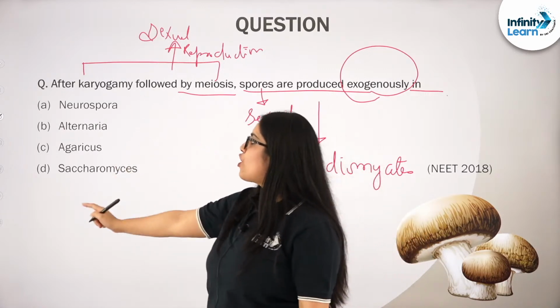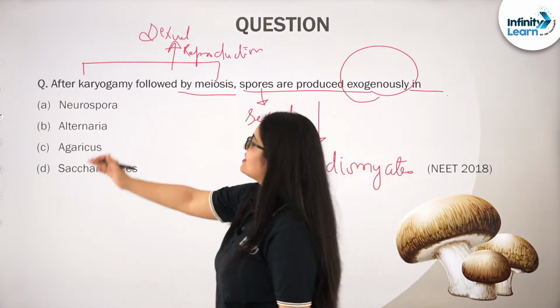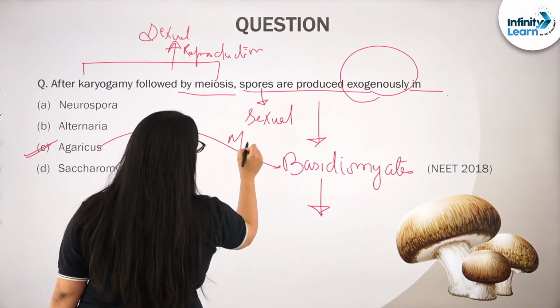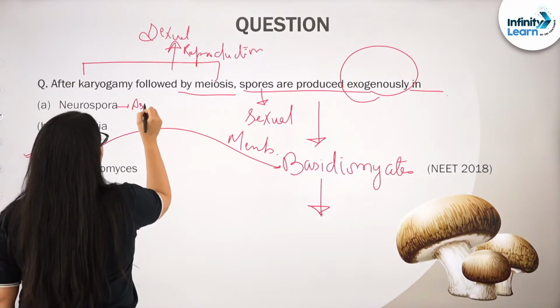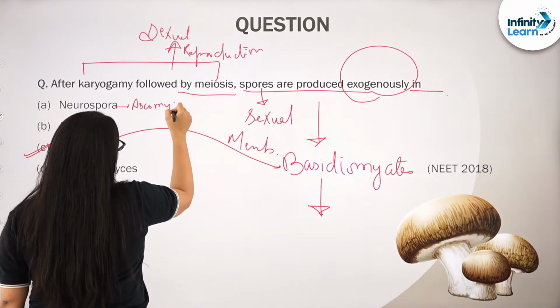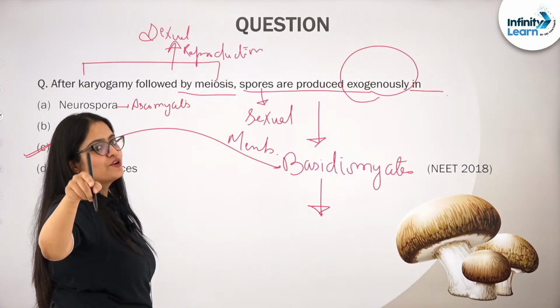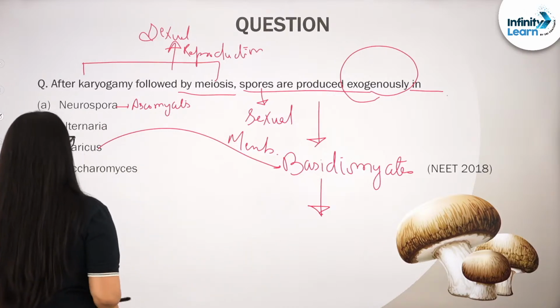And out of the 4 options, my kids, only one member belongs to Basidiomycetes, and that is Agaricus. Neurospora is a member of Ascomycetes. And my kids, in Ascomycetes, ascospores, the sexual spores, are produced endogenously in ascus. I explained you in the previous or previous to previous question.